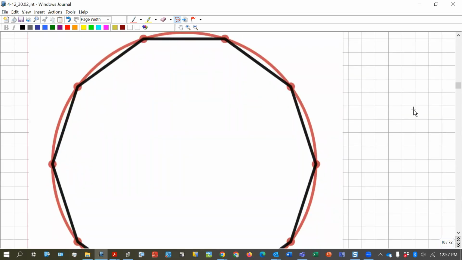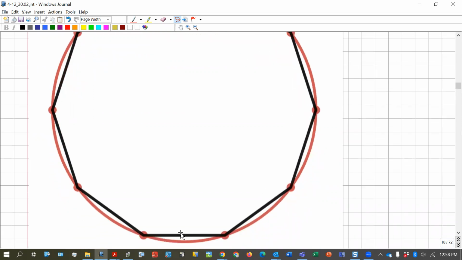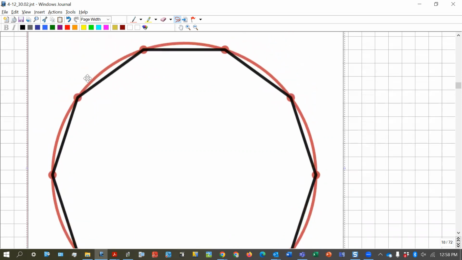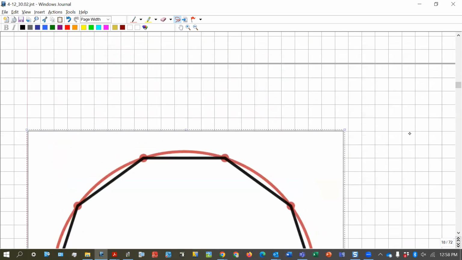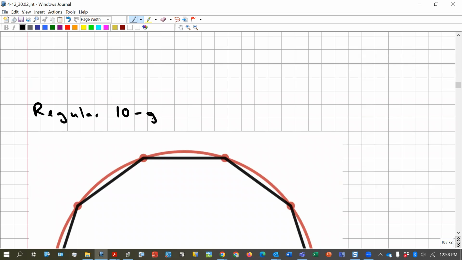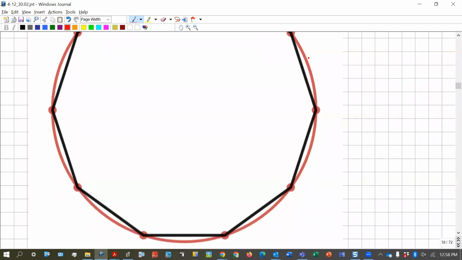If I count the very top as 1, 2, 3, 4, 5, 6, 7, 8, 9, 10. So here we have a regular decagon, and we have a circle. That circle has a center that's about there.